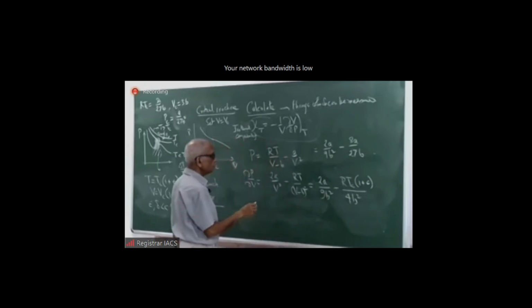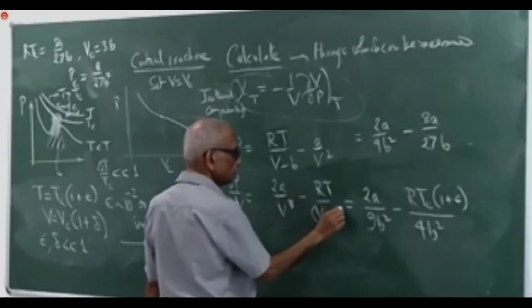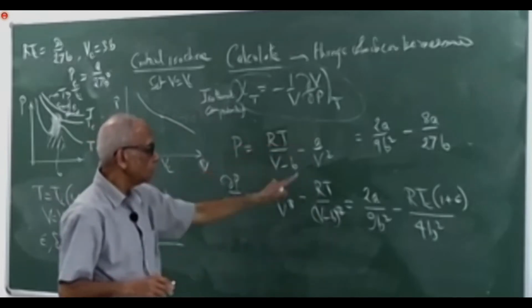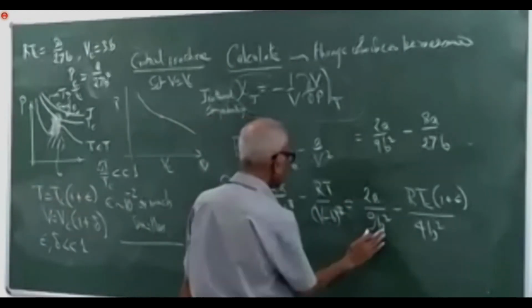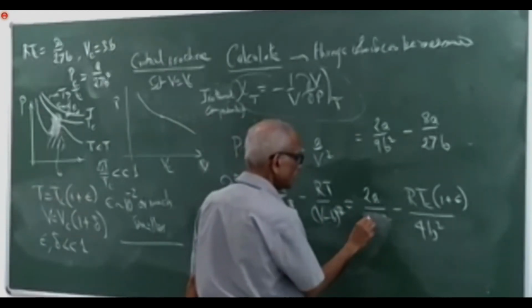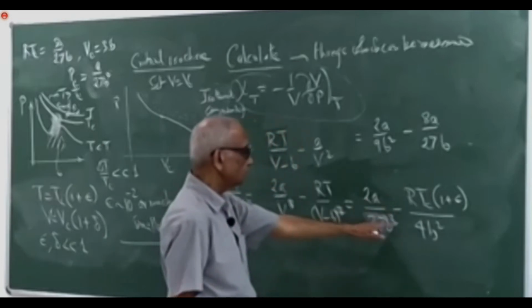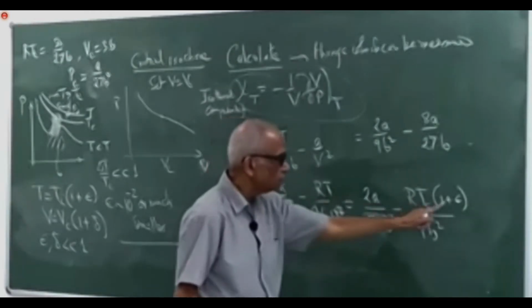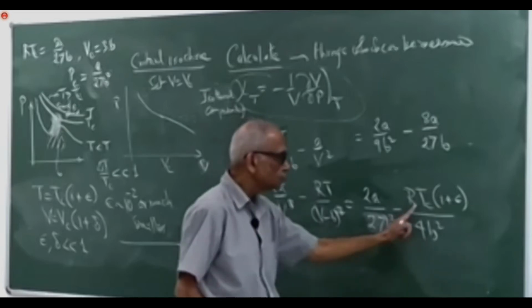Del P del V. This should have been a cube. Here, this is a cube, this is a square. So my 2A over V cubed minus RT over V minus B squared. So it is 2A divided by this, which is 27B cubed, minus RTC over V minus B squared, TC into 1 plus epsilon, and then it is 2B, which is 4B squared.